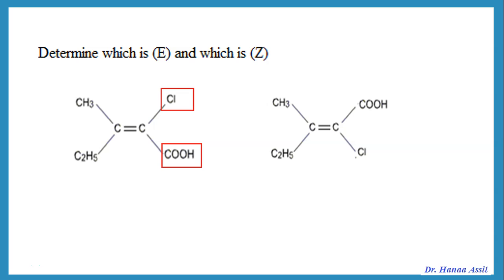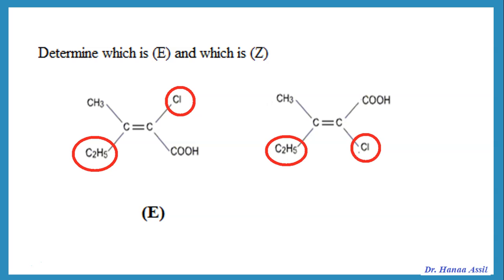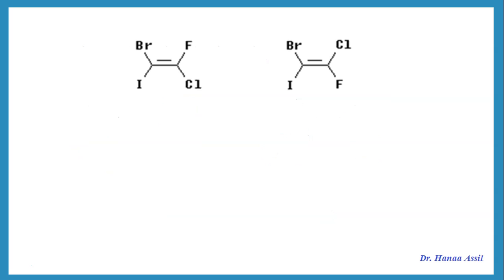Chlorine is the one with the higher MR. So if they are on opposite sides of the double bond, then that one is the E or the trans. The other one has the two groups that have higher MR on the same side of the double bond, so this is a Z or a cis.